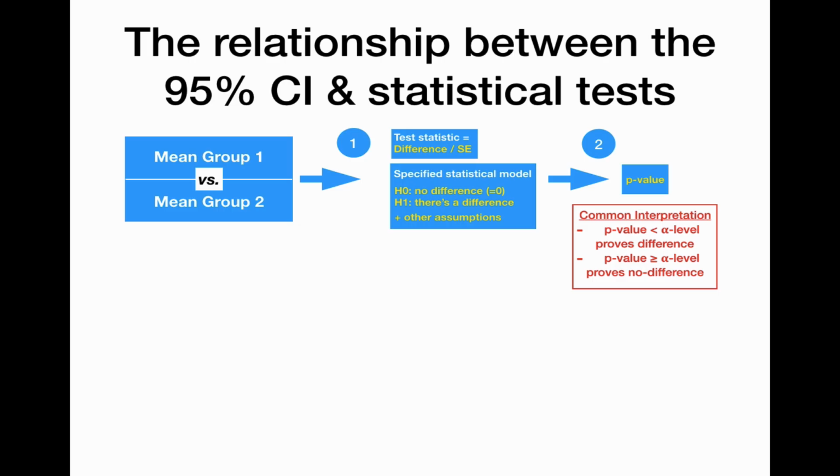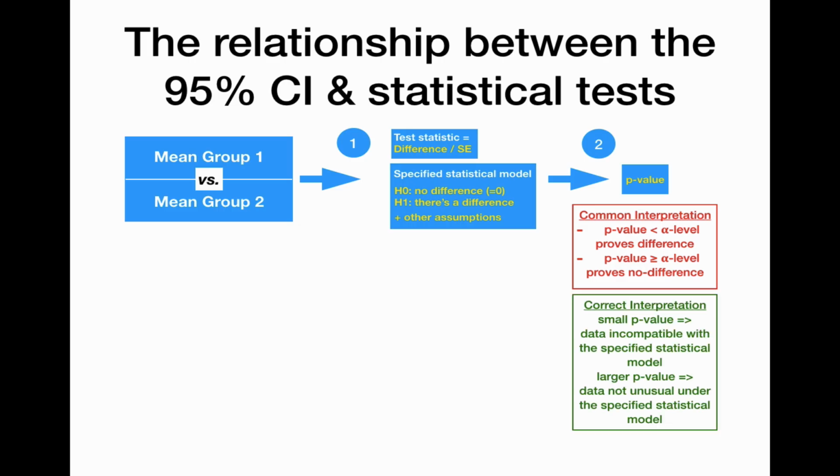And this is a problem called the bright line thinking, because researchers want to have an easy solution to a p-value, and they want to use just two different categories. But we should actually interpret the p-value meaning differently. If we have a small p-value, then that tells us that our data are incompatible with the specified statistical model.